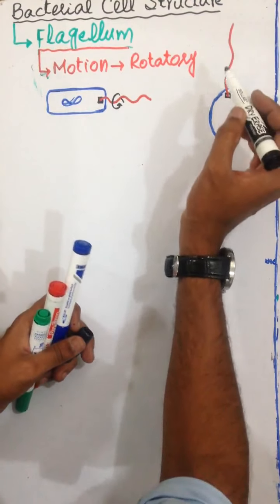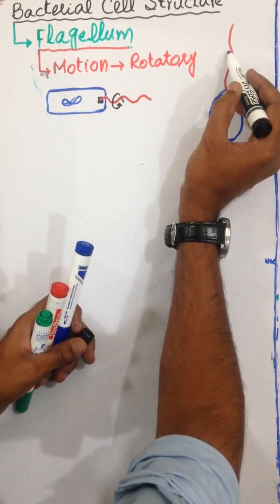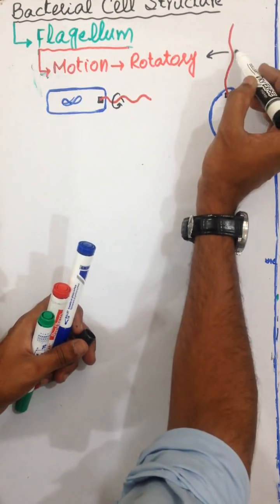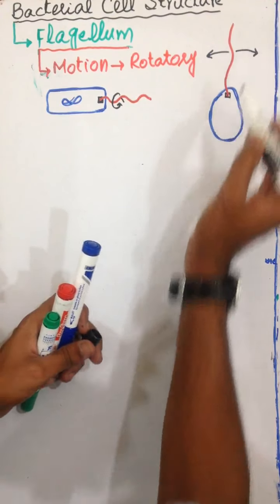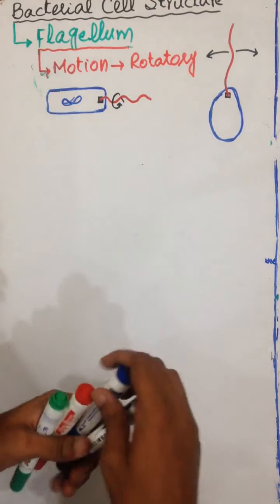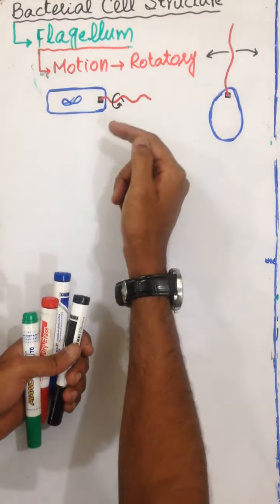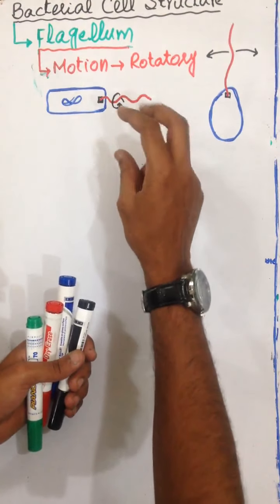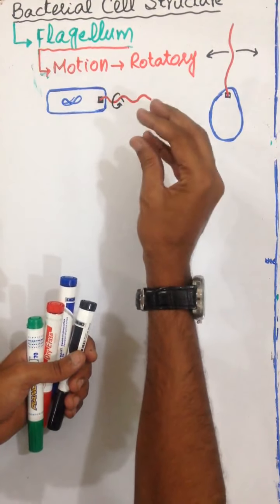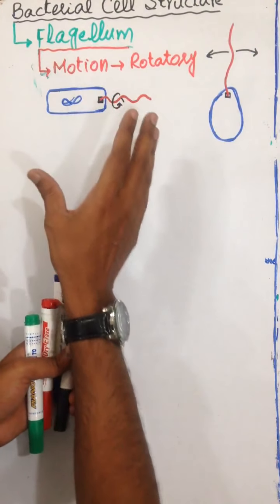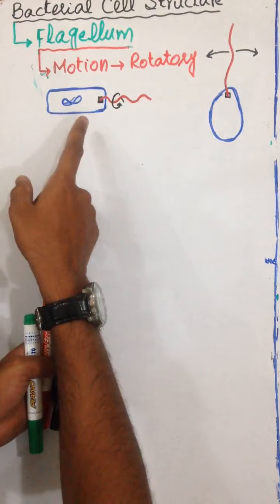But in eukaryotic flagella, they keep on lashing their flagellum right and left and provide motion. In bacteria, the flagellum rotates in its position, and this rotation provides a push, provides motion to the bacteria, and the bacteria can move.